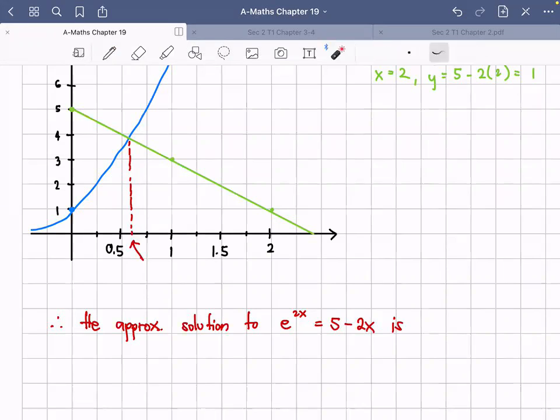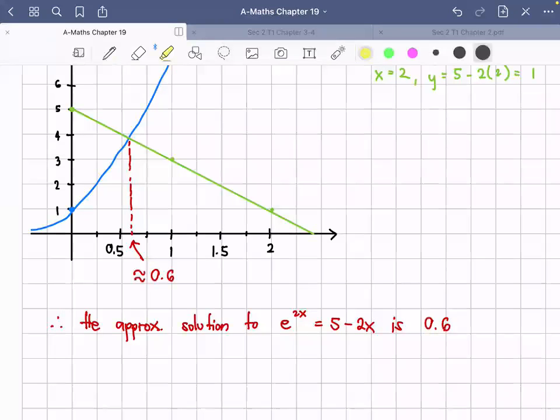If this is 0.5 and this is 0.1, so this is 0.6, 0.7, right? So I'm assuming this is 0.6. Let's approximate that. That is 0.6. So your answer is 0.6.